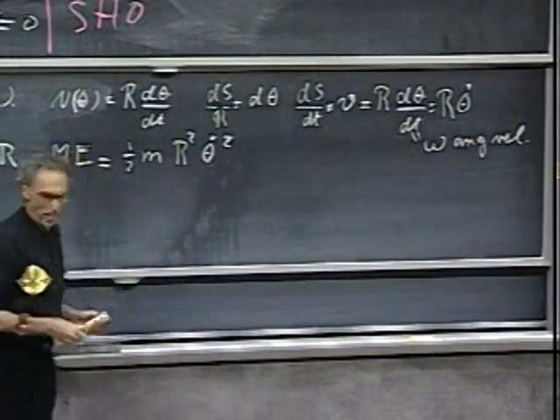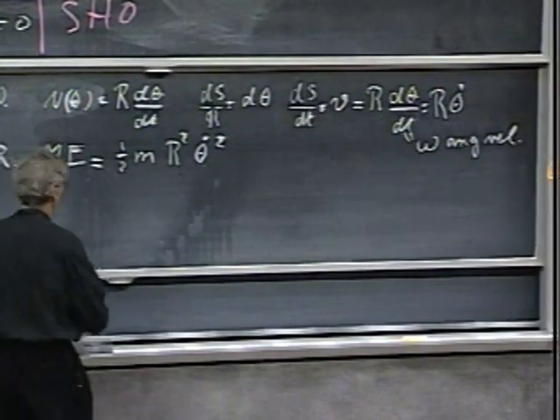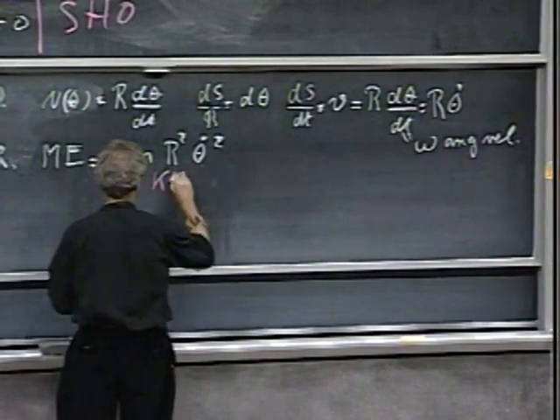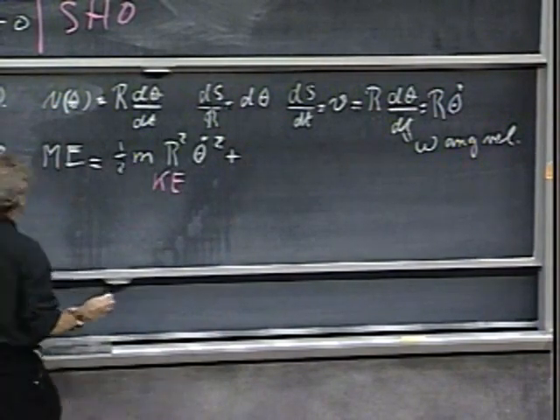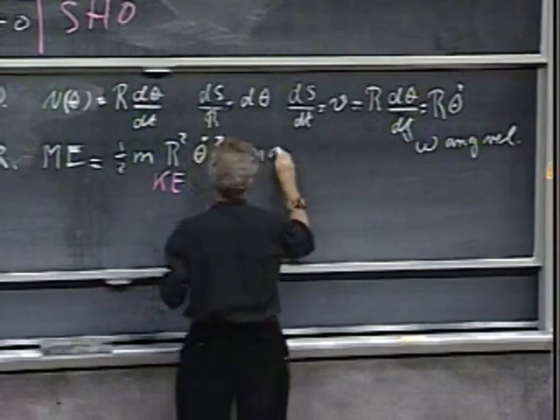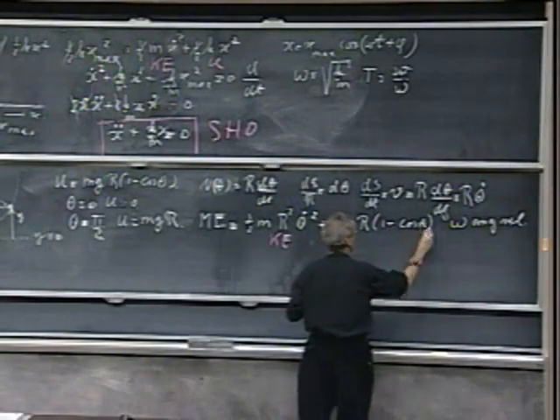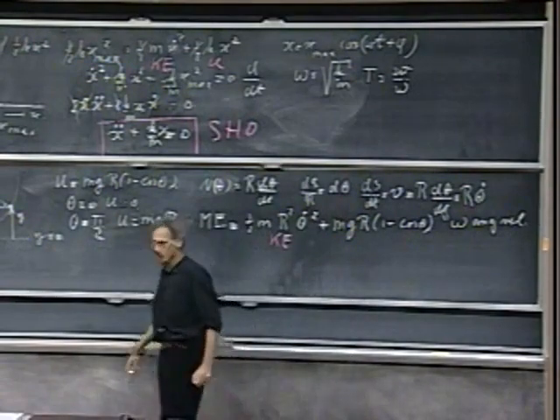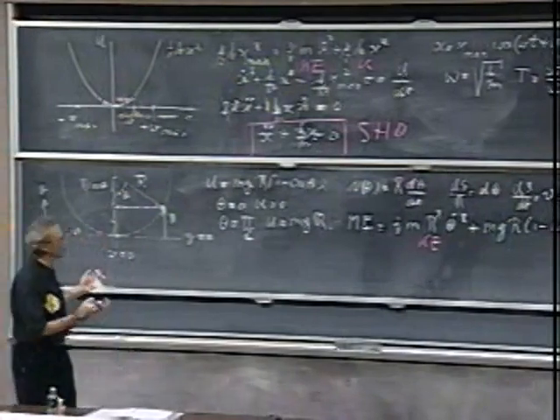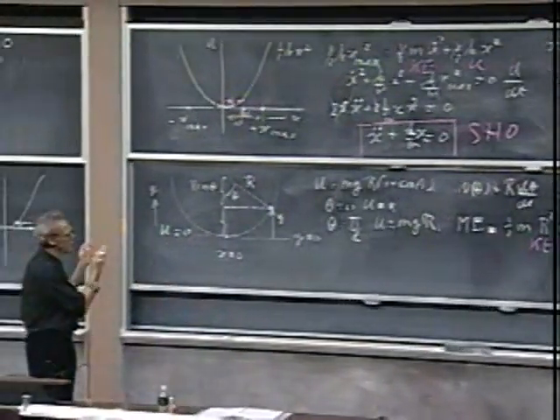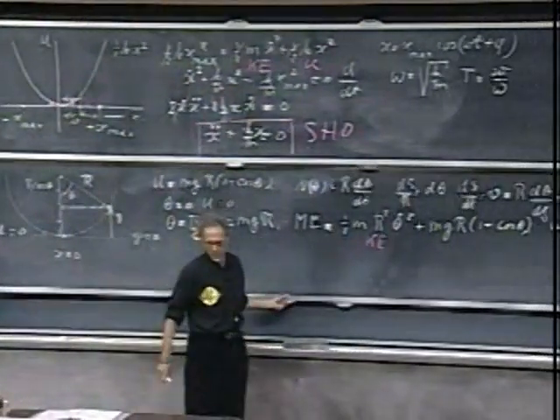This is simply 1/2 m v squared, nothing else. So this is the kinetic energy, plus the potential energy, which is mg times r times (1 minus cosine theta). And this is always the same, independent of the angle theta, because gravity is a conservative force. So this is the conservation of mechanical energy.